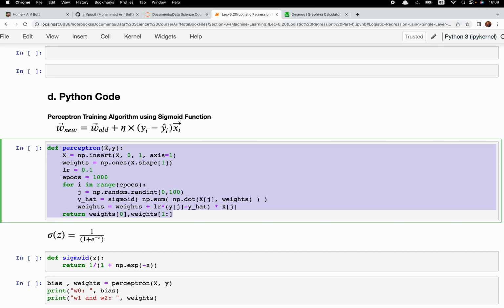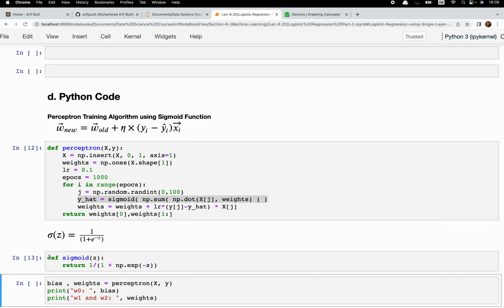It is passed two arguments, x and y, the input feature and the output label. The only change in this function is this line, where instead of passing the z value to the step function, now we are passing the z value to the sigmoid function.